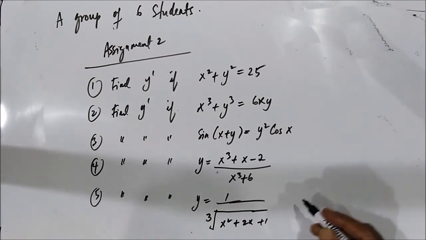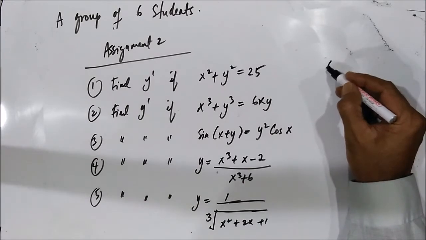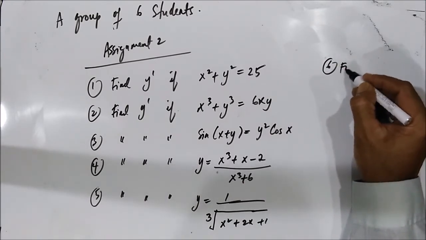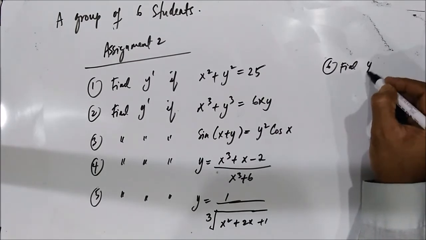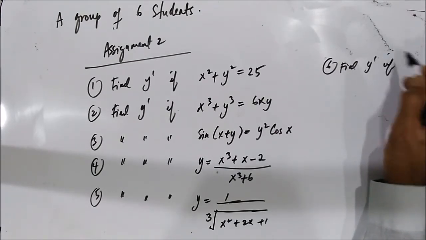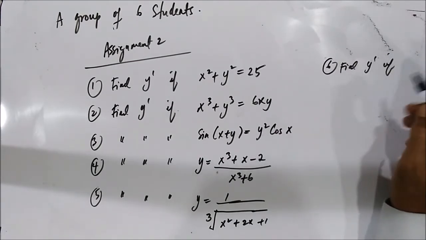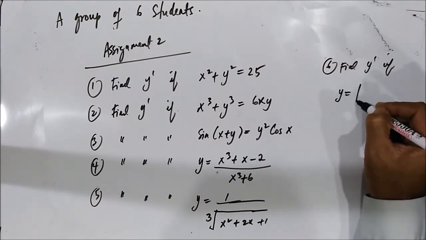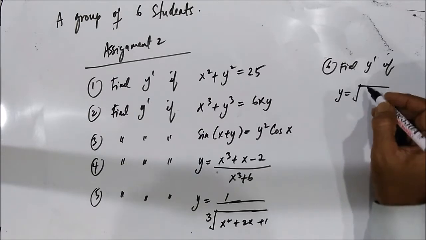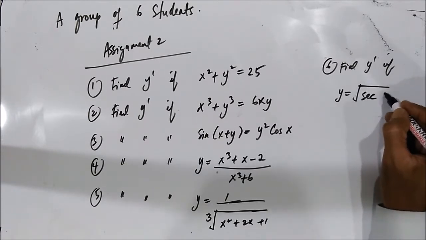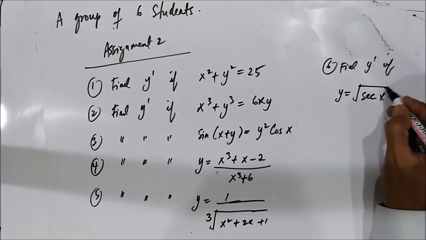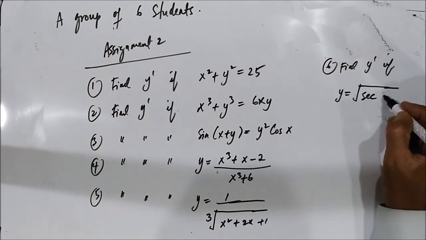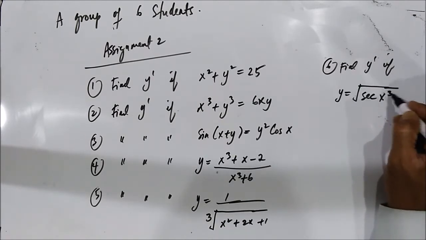And the last one, number 6, find y prime if y is equal to the square root of secant x cubed.